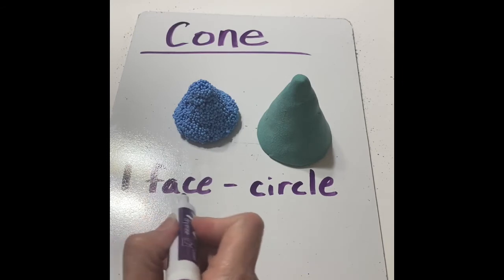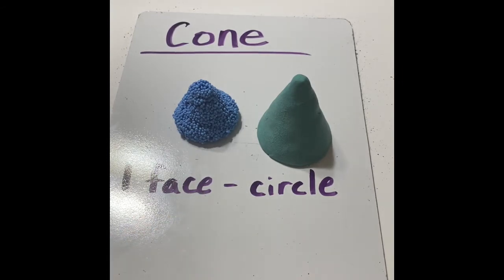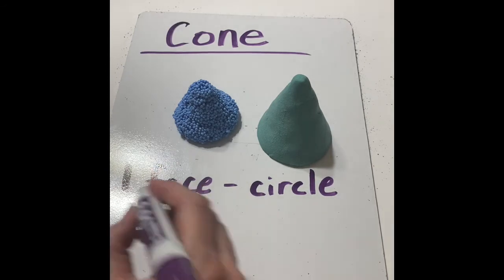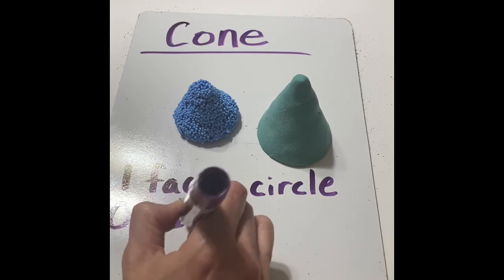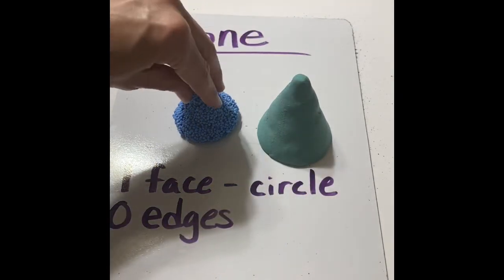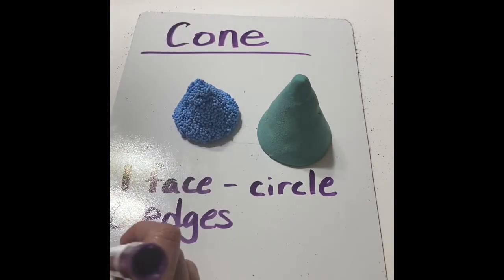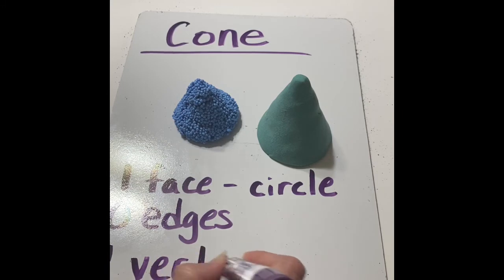But we don't say that it's a face because all faces are made up of shapes. A cone has 0 edges, and we do consider the tip of the cone a vertex, so it has 1 vertex.